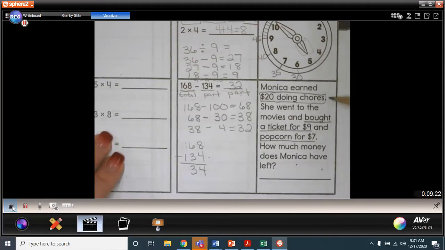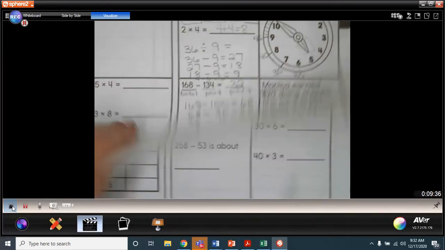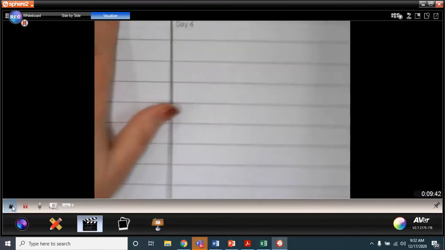So we have our total, and we're subtracting 2 parts out of that $20. So actually, what's left is going to be the 3rd part of that $20, if you think about it. So we're going to turn our paper around to the back, and we're going to show our work. Make sure you're showing your work.